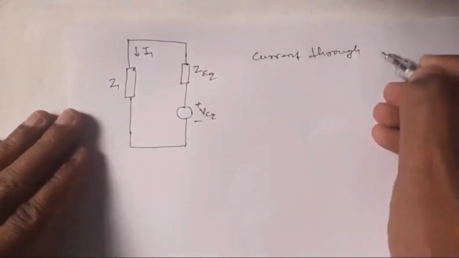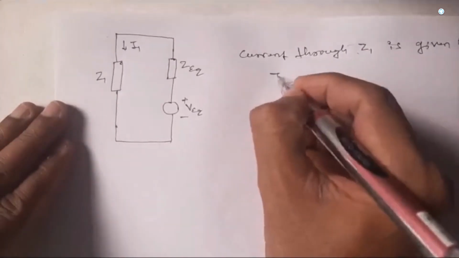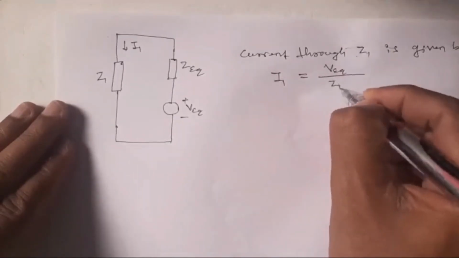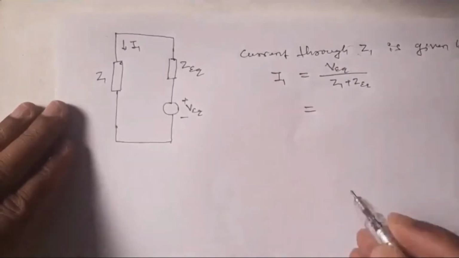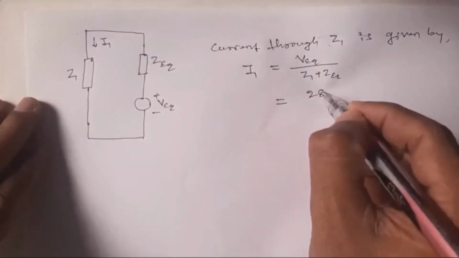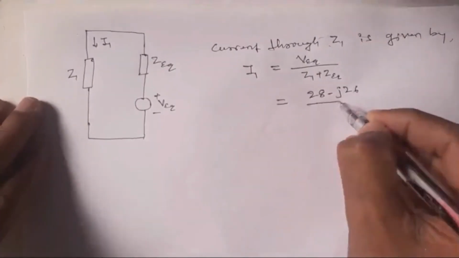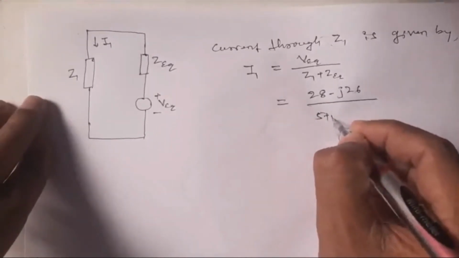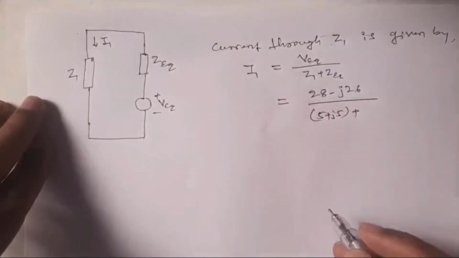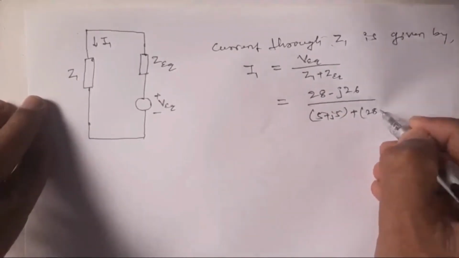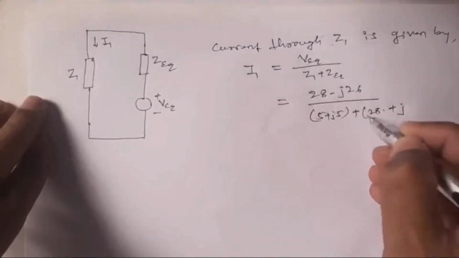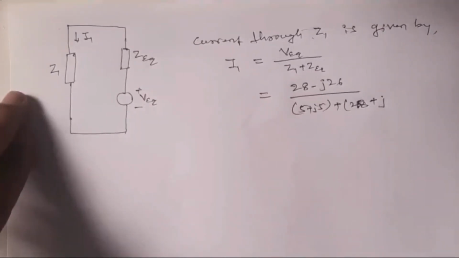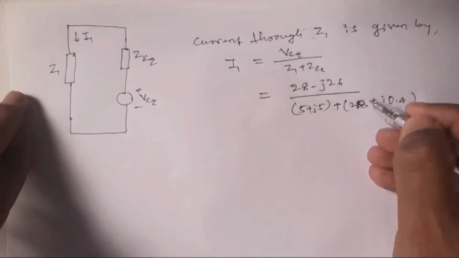Current through Z1 is given by I1 equal to V equivalent divided by Z1 plus Z equivalent. V equivalent is 28 minus j26, whole divided by Z1, which is 5 plus j5, plus Z equivalent, which is 2.8 plus j0.4, it is not 28, it is 2.8.